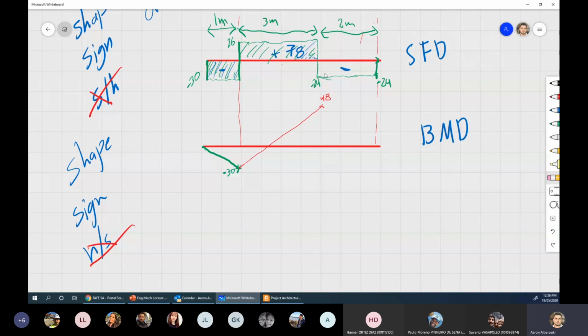Now, what will happen after this, Brunei? What will happen from this point, you reckon? So you subtract the area of the bottom, so it's 24 times 2, so 48.